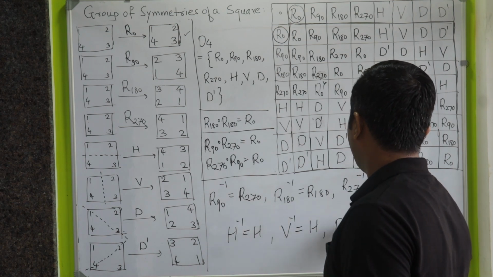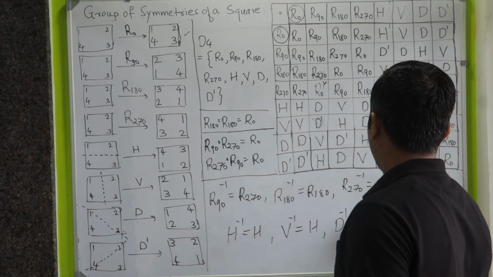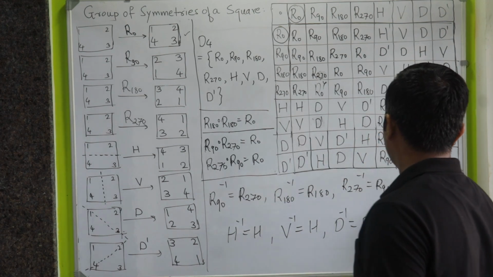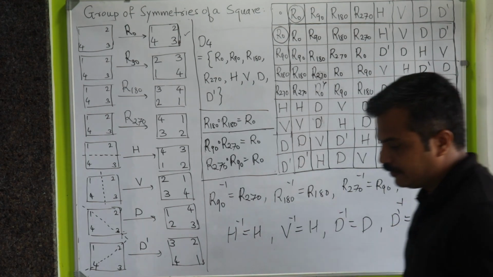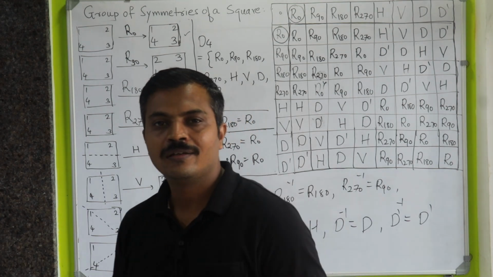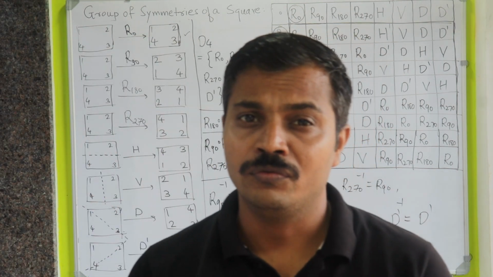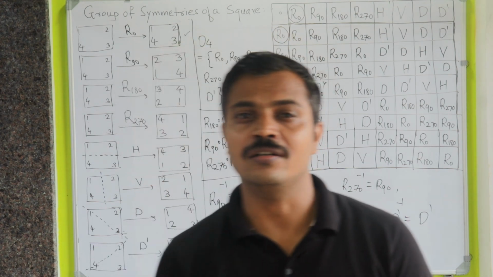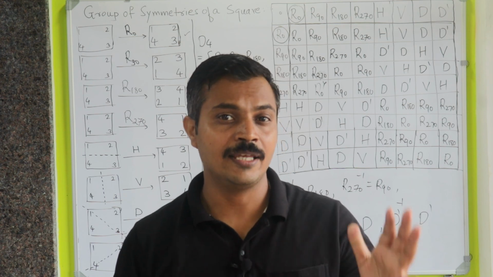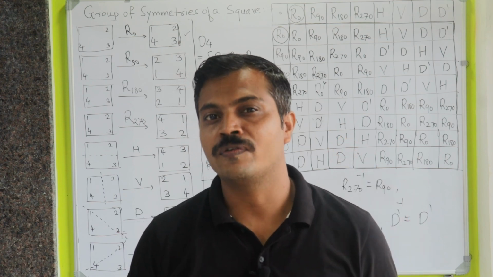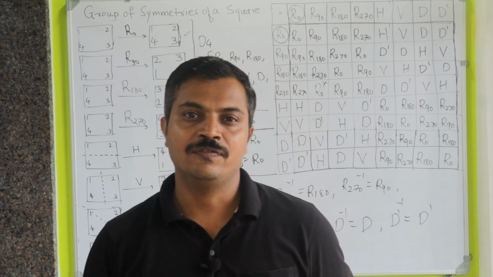The inverse of D will be D itself, and the inverse of D dash will be D dash itself. Thus, inverse of each element exists in D4, and therefore D4 is actually a group with respect to composition of functions. That is nothing but the group of symmetries of a square is a group with respect to composition of functions.